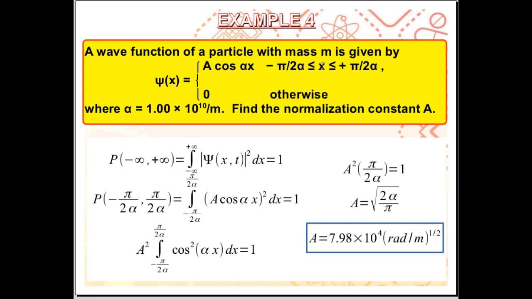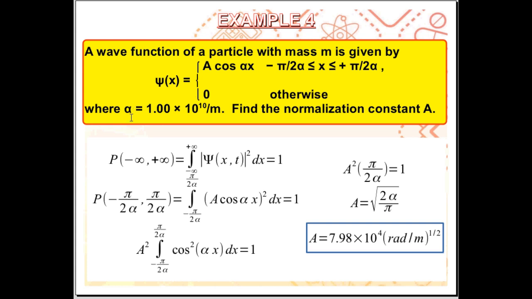So x ranges from negative pi over 2 alpha to plus pi over 2 alpha. Any other value of x, psi of x is 0.